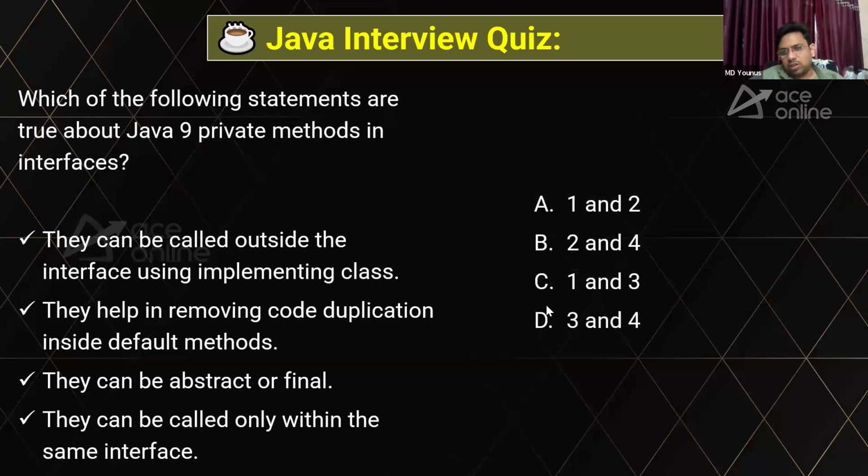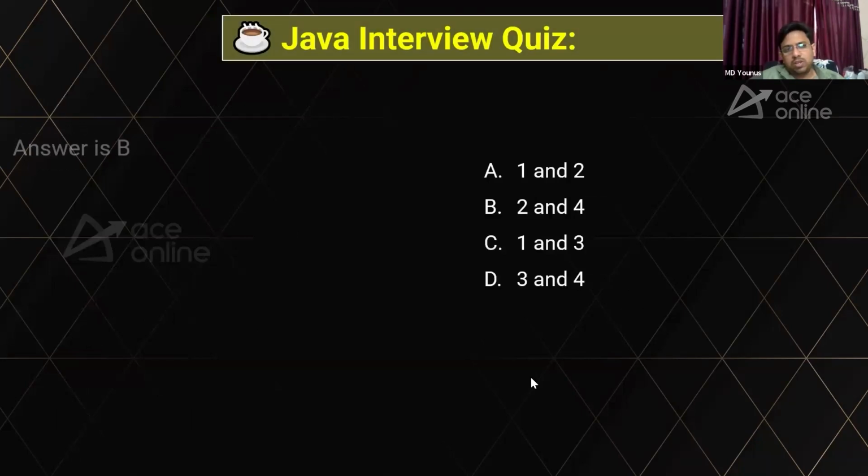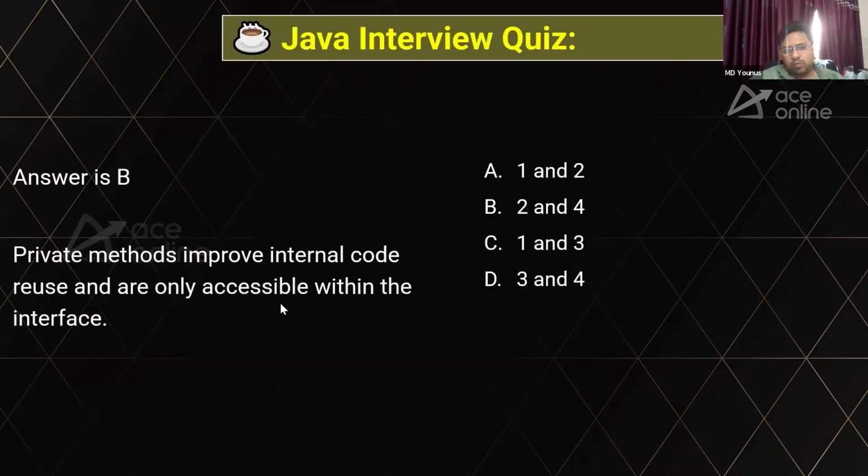Which option is correct, guys? B, right. So option B is correct. Why? Private methods improve internal code reuse and are only accessible within the interface.